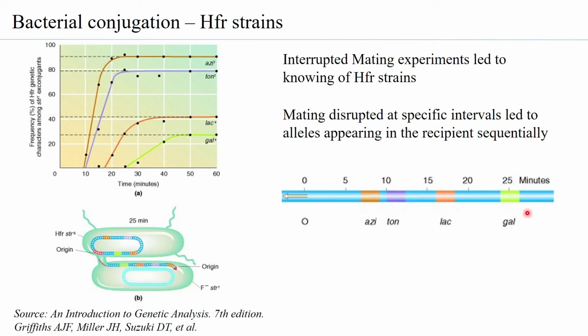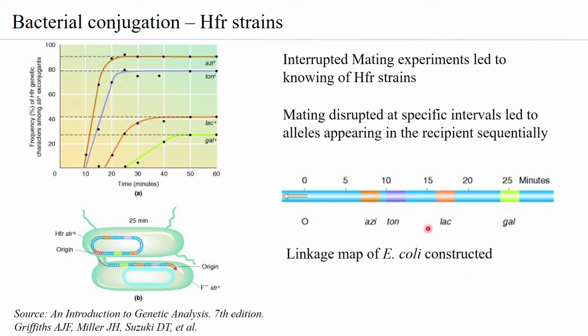And between 20 to 25 minutes, you have gal coming in. So you can see one after the other, if you allow the recipient to receive the DNA for as long as 25 minutes, you may be able to get all the genes. But if you only allow till 10 minutes, you will get only one gene. If you allow till about 15 minutes, you will get the second gene as well, and so on. So a linkage map of E. coli can be constructed.